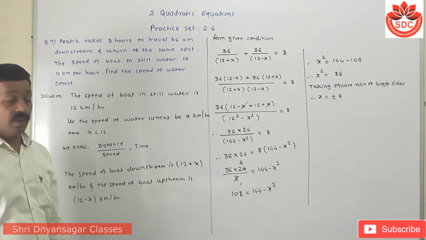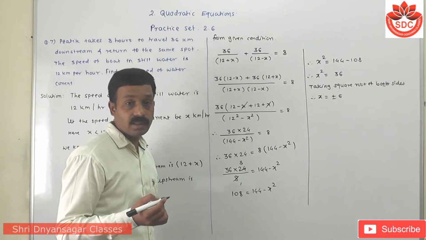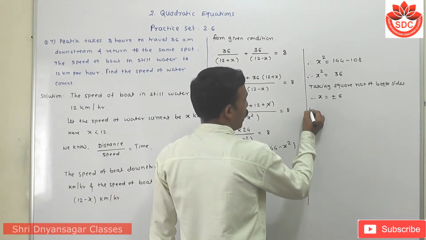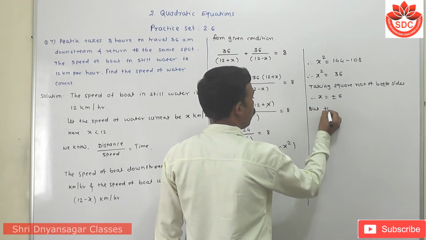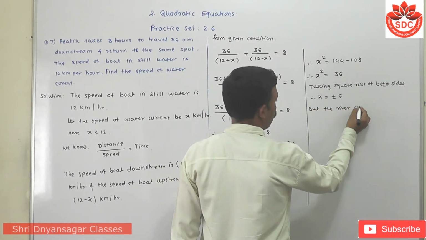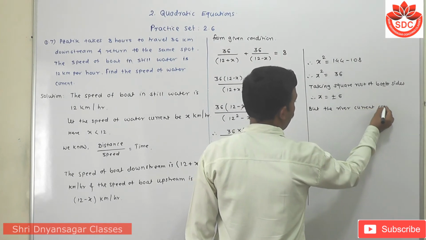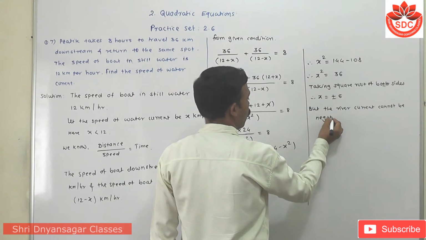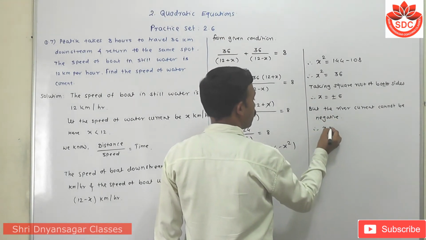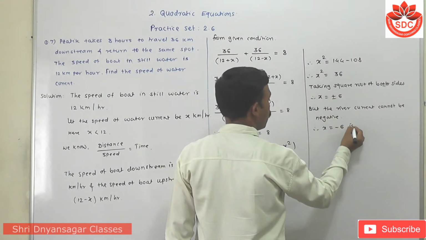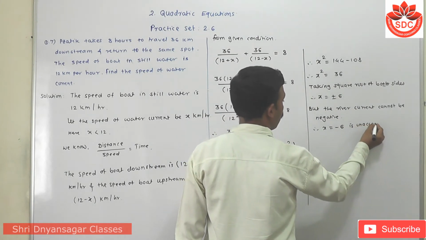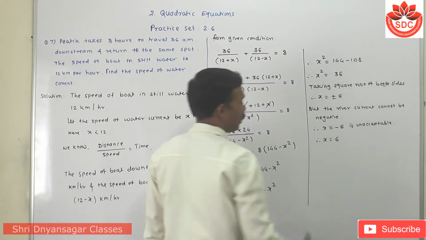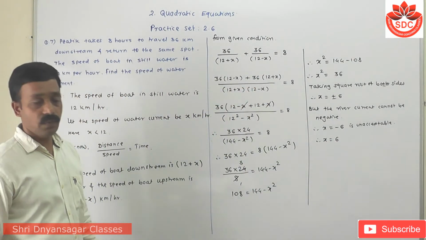It cannot be negative, so x equal to minus 6 is not accepted, because the river current cannot be negative. Therefore, x is equal to 6. Therefore, the answer in a full sentence.